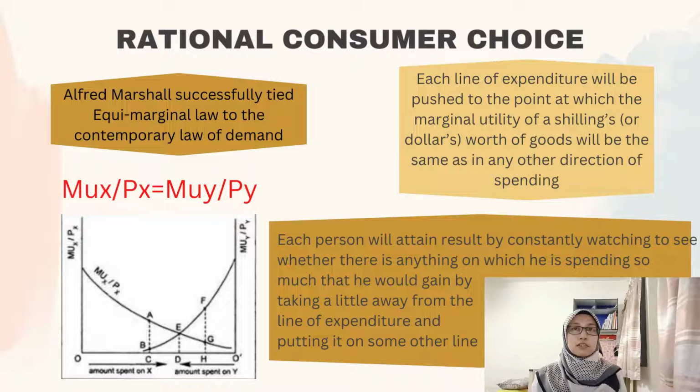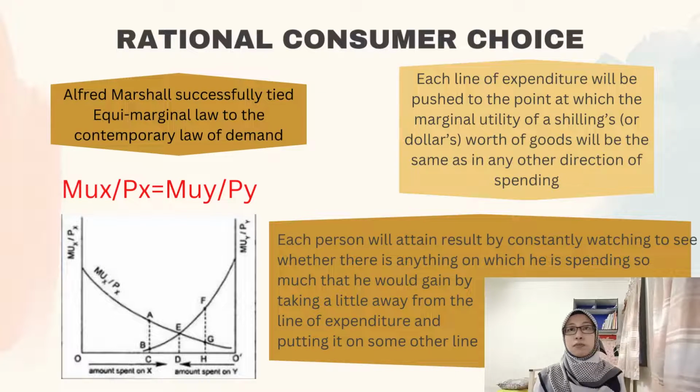For example, someone who must decide whether to buy new shoes or to use the money for a vacation is weighing the marginal utilities of two different types of expenditure.